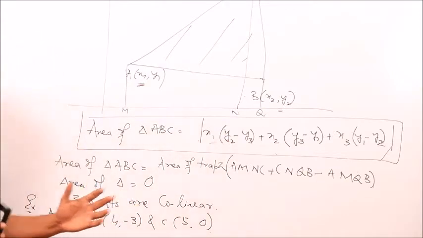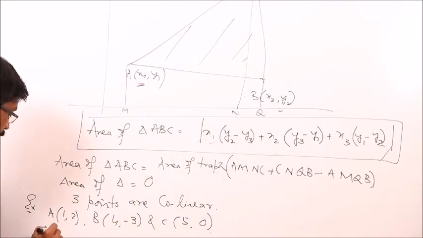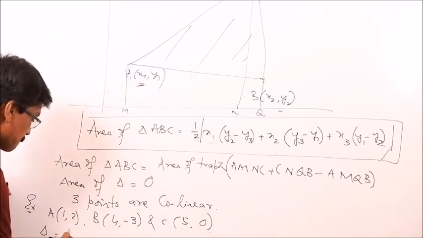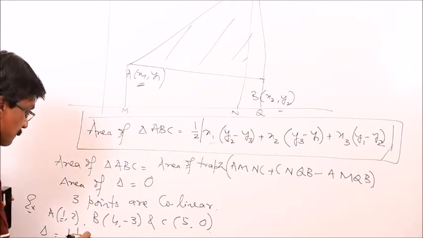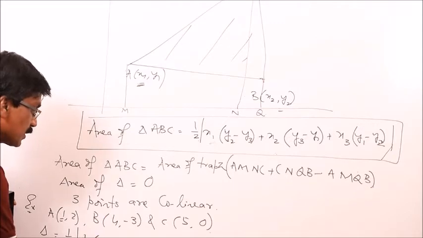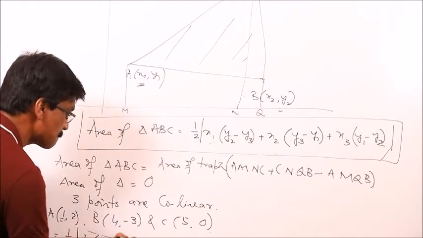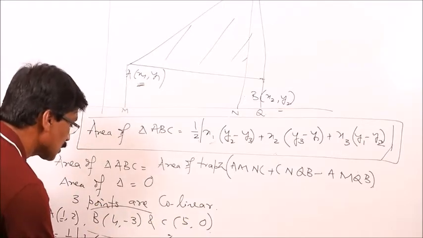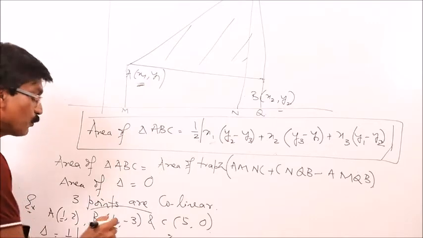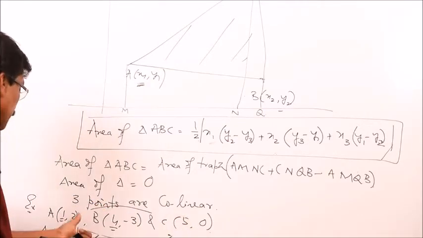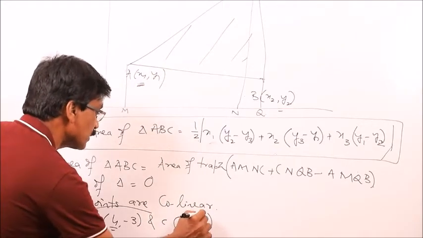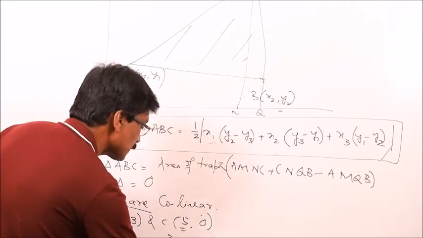Suppose we are given 3 points, then the area of triangle delta is equal to half into 1 into minus 3 minus 0, plus 4 into 0 minus 2 that is, minus 3 minus 2, plus 5 into 2 minus minus 3.